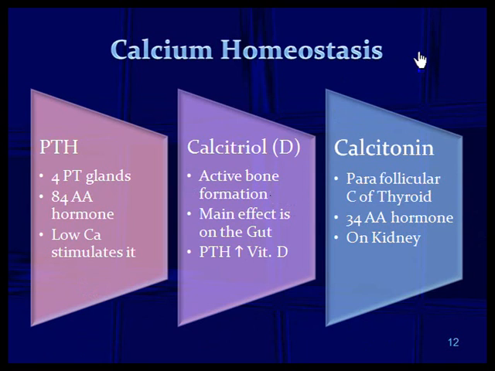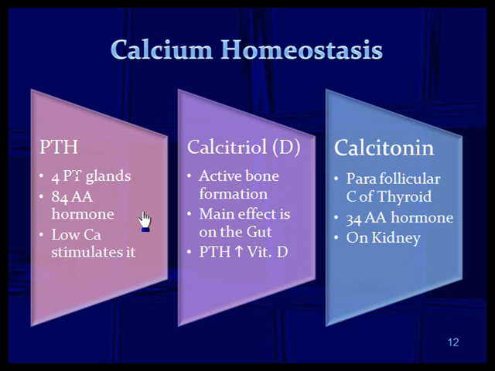We have already seen that calcium homeostasis is maintained by three important hormones: the parathormone, the active form of vitamin D3, and the calcitonin. The parathormone is secreted by the 4 parathyroid glands which are on the back of the thyroid gland. Tiny pea-sized 4 parathyroid glands are there.